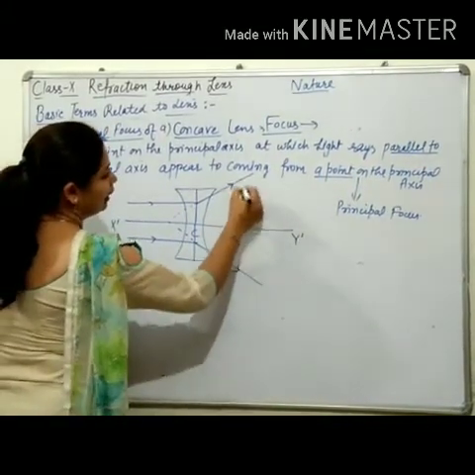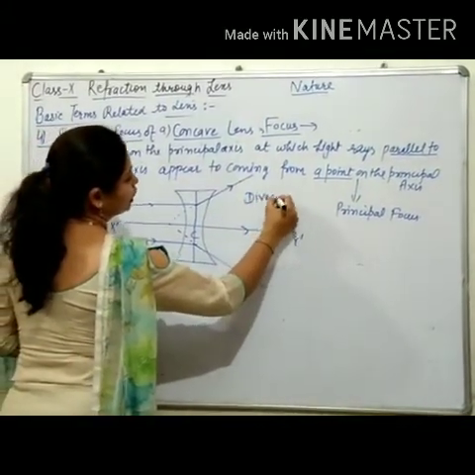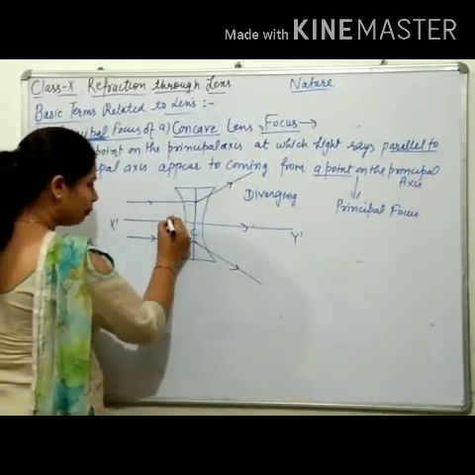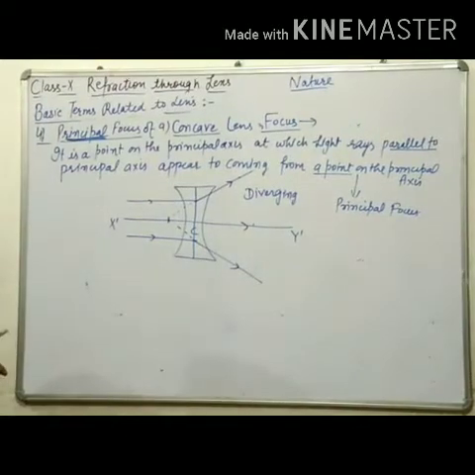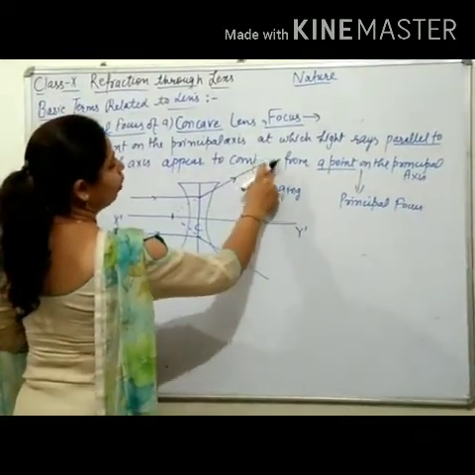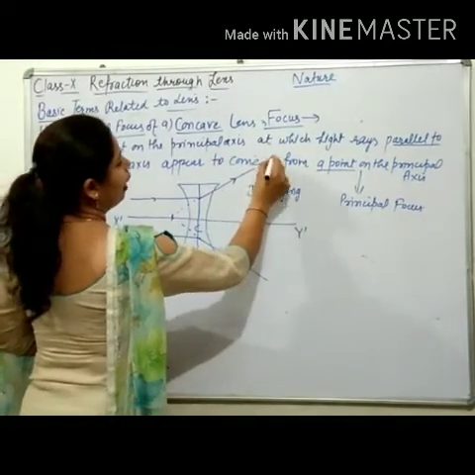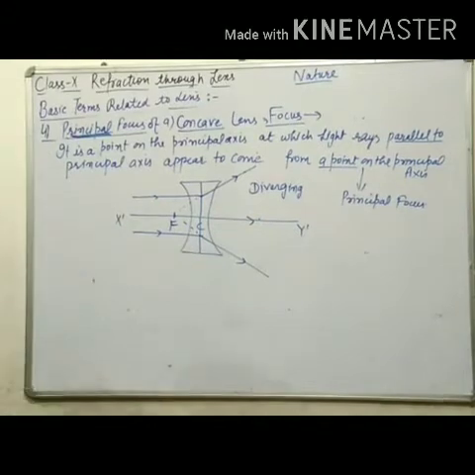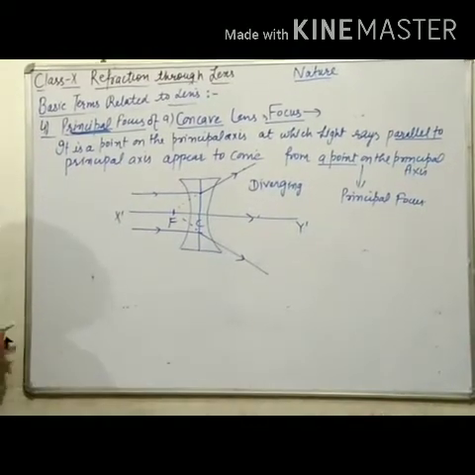It means they diverge in the forward direction in such a way that they seem to come from this point on the principal axis. It is known as the principal focus.